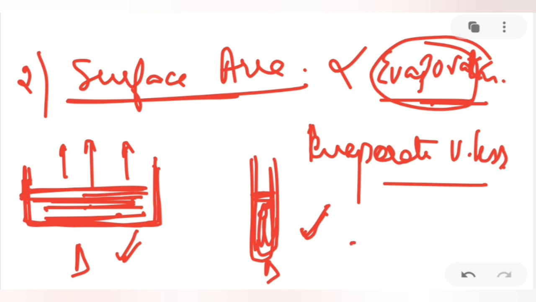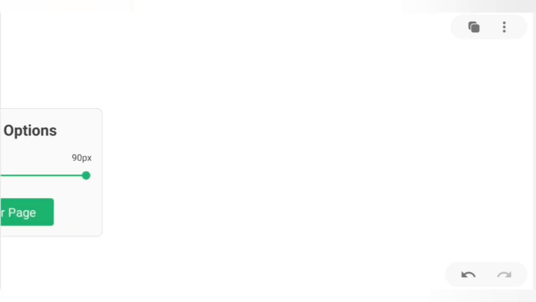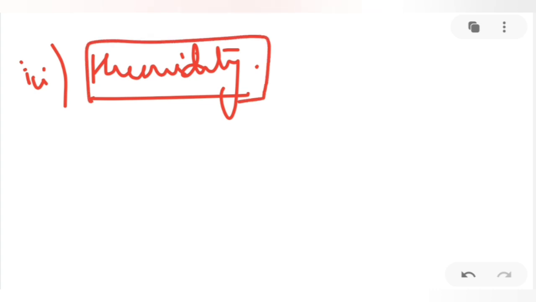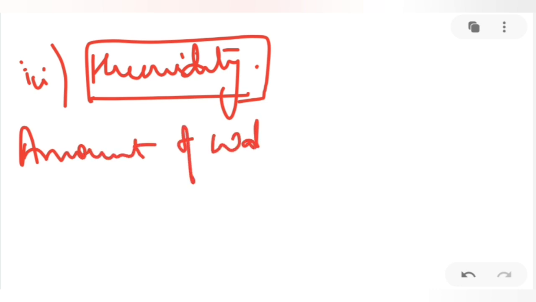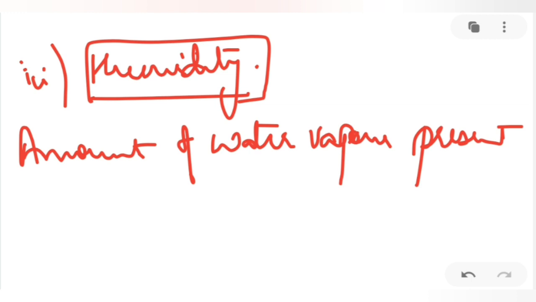Now moving on to the third factor, that is humidity present in the air. See, what is humidity? First, understanding the term humidity is very important for us. The amount of water vapor present in air is called humidity.